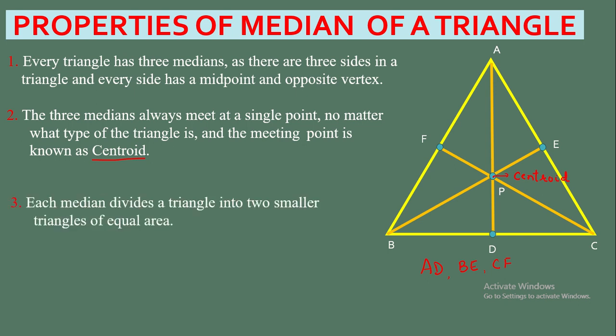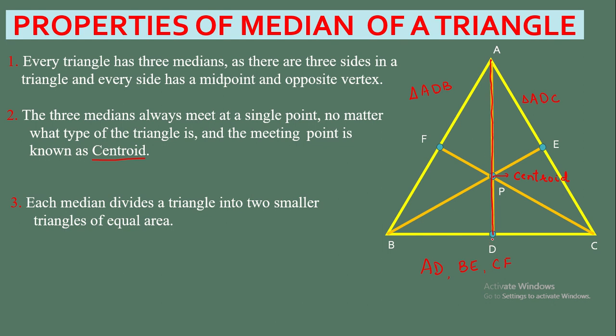Then we have one more property. It says each median divides a triangle into two smaller triangles of equal area. If we consider this AD as the median, then the triangle is divided into two parts. One is triangle ADB, and on the opposite side of it, it is triangle ADC.